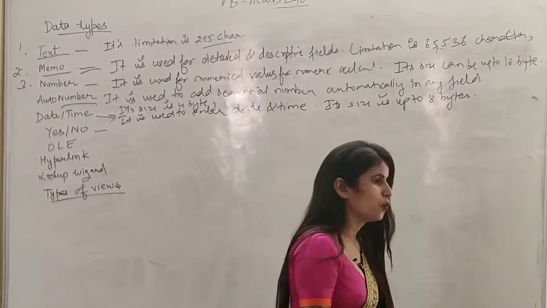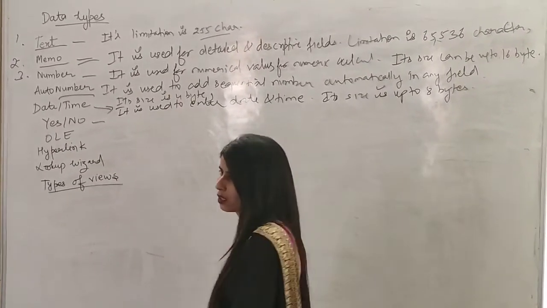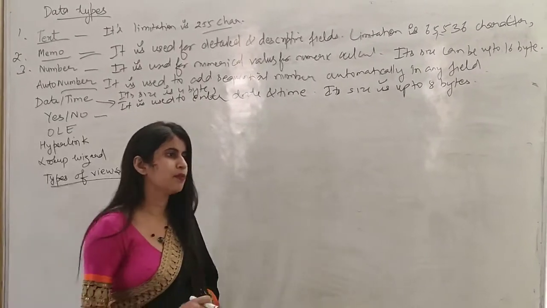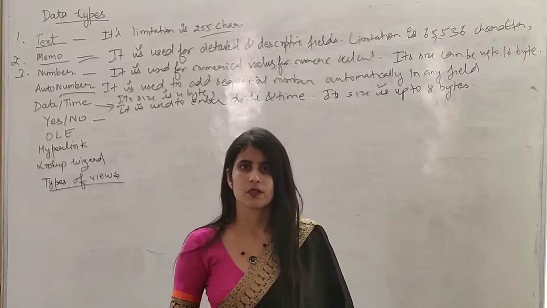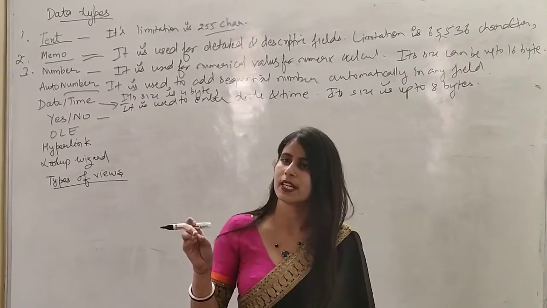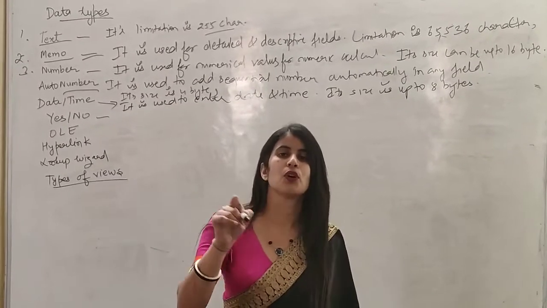Okay, now the next one is yes and no. In a few cases we use Boolean values. Boolean values are true and false values. Sometimes we use true and false, for example whether the student wants to take the hostel facility or not. So here we have to choose yes or no, or you can say true or false.